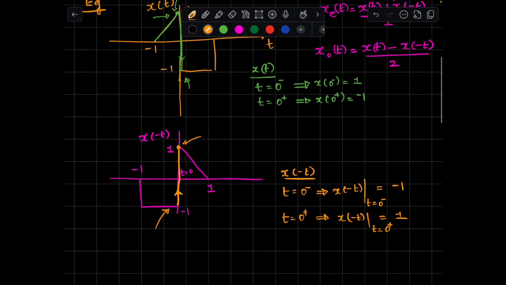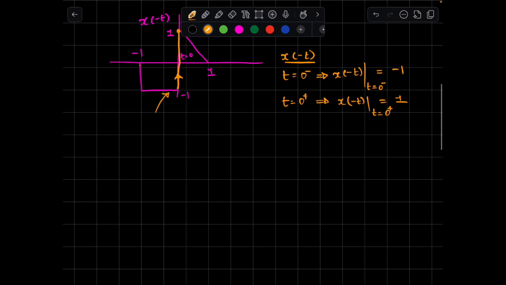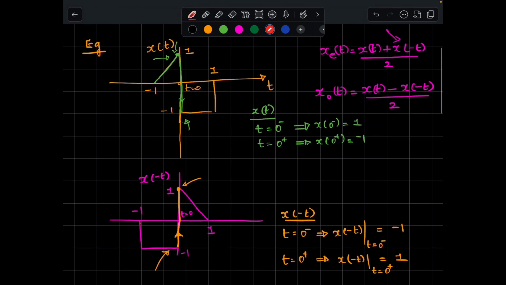Now let us add these two signals. Let us consider the points here: -1, then t equal to 0, then 1. And similarly for the second signal we have the same kind of points. So let me draw the points: -1, 0, and +1. Let me see what the amplitude is at -1.